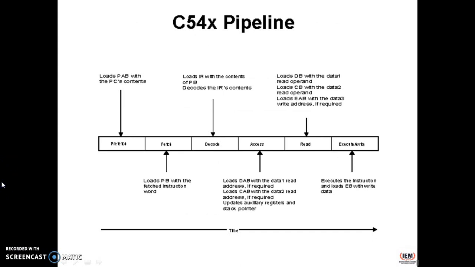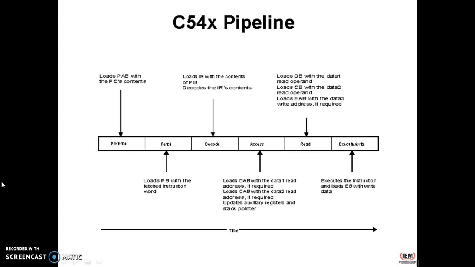Now another most important part we are seeing here is the pipelining structure. In any computer architecture or processor architecture, when we are discussing it, pipelining is the most important part for any processing unit. Here an instruction pipeline consists of a sequence of operations that occur during the execution of an instruction.